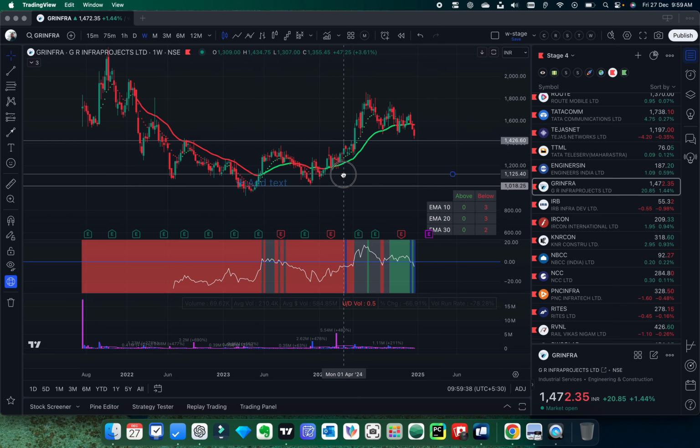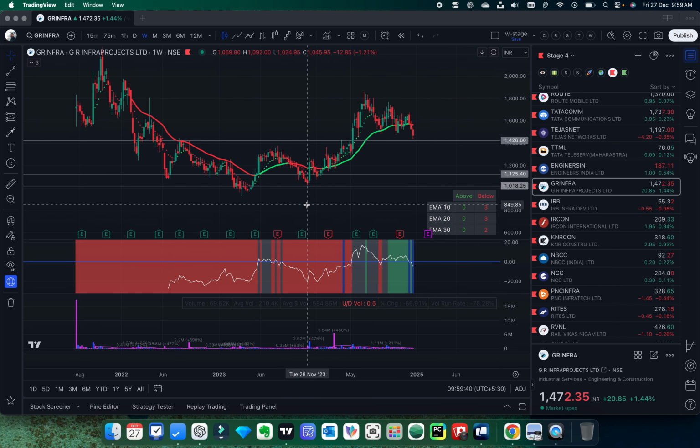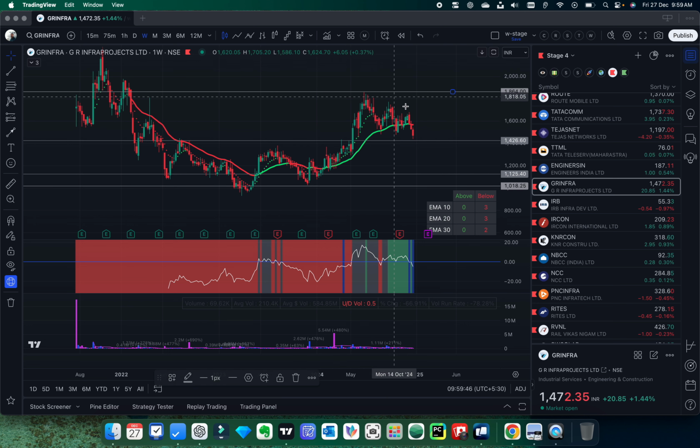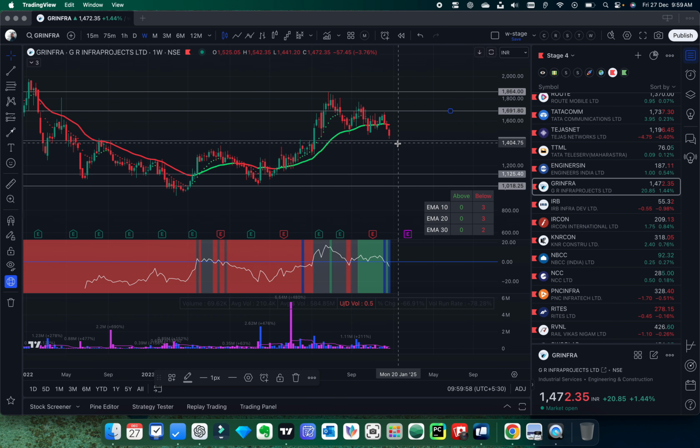Yes, broken out here, and then stage 2, topping area, and then moving average flat, trading down. So this is in a stage 4.